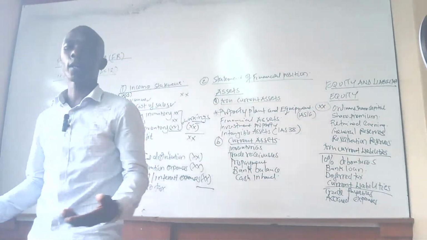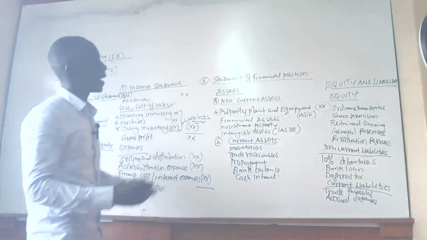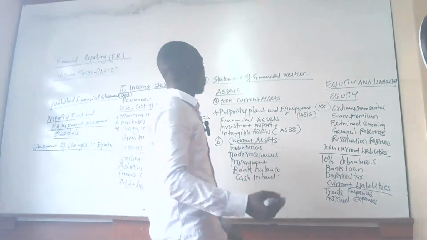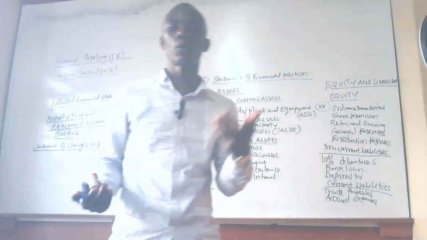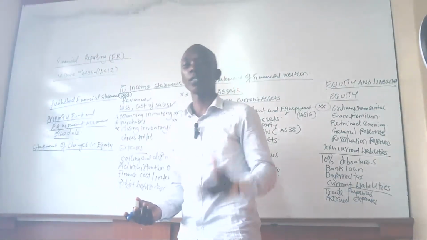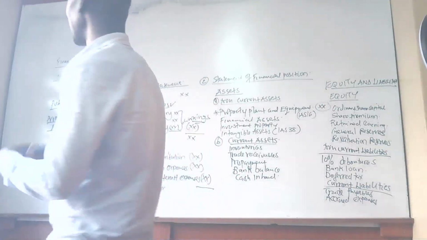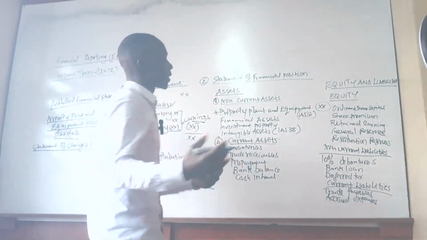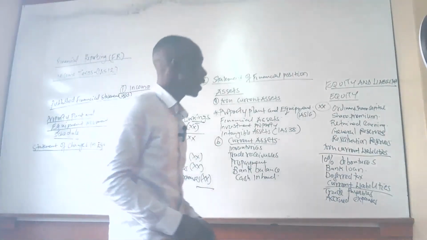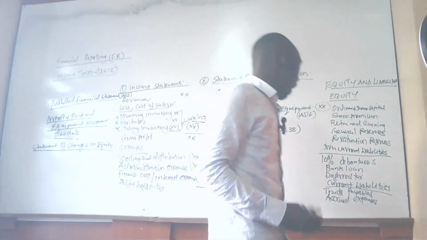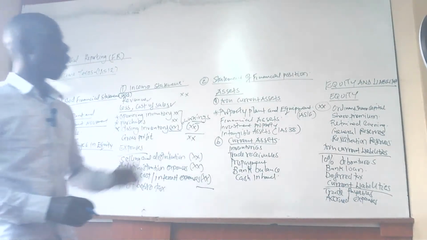For example, let us say that you had employees who were supposed to be paid 1 million. If the employees were supposed to be paid 1 million, and at the end of the year these employees have been paid 500,000, it means that there is an amount of 500,000 which you have not paid.